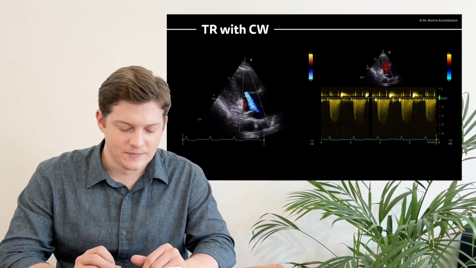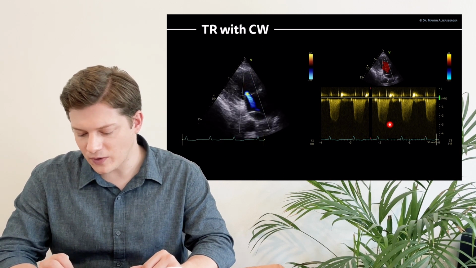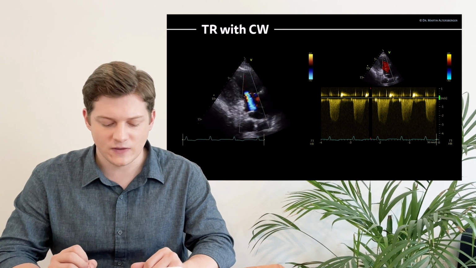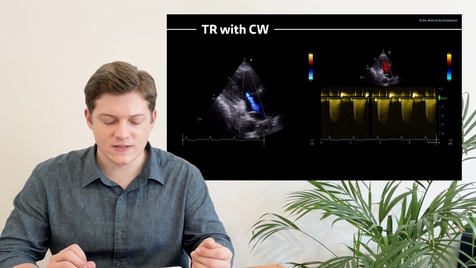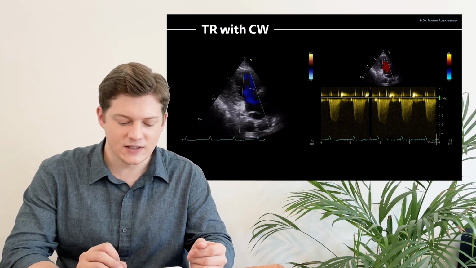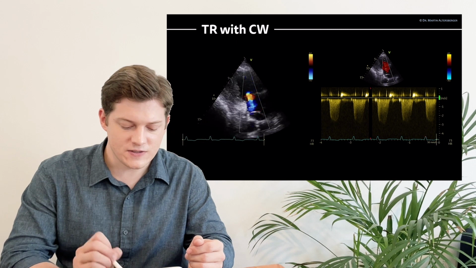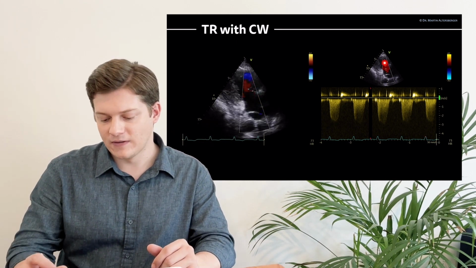Here it's probably moderate. And if you place a continuous wave Doppler, you can see that the signal is around 3 meters per second. So there are elevated systolic pulmonary arterial pressures, and it can be measured quite well here because the TR is just perfectly in the angle of the continuous wave Doppler.